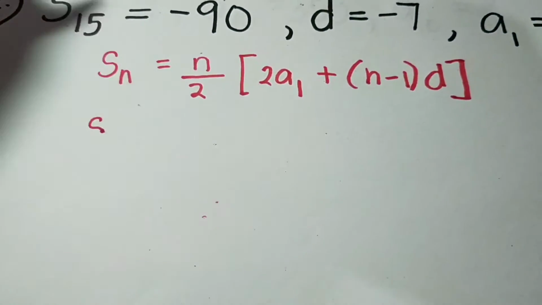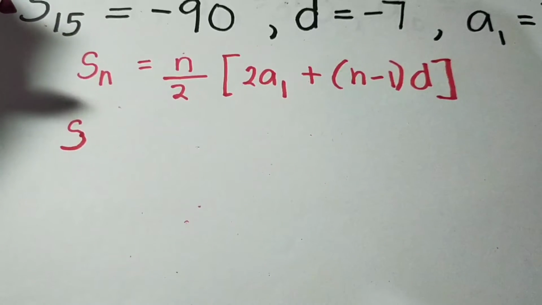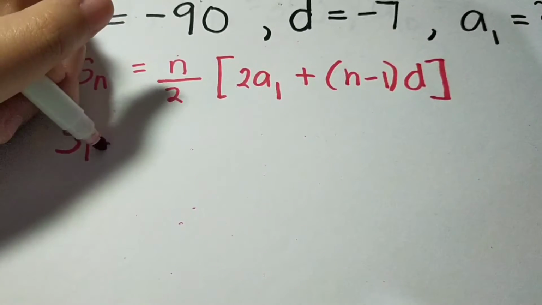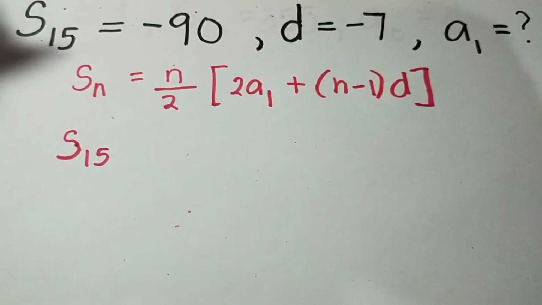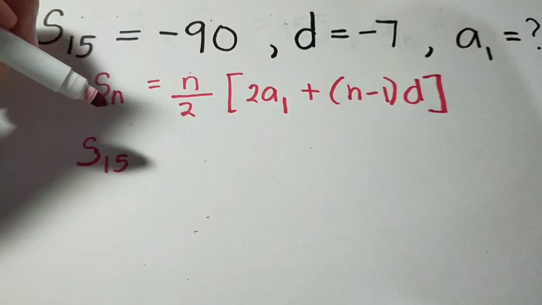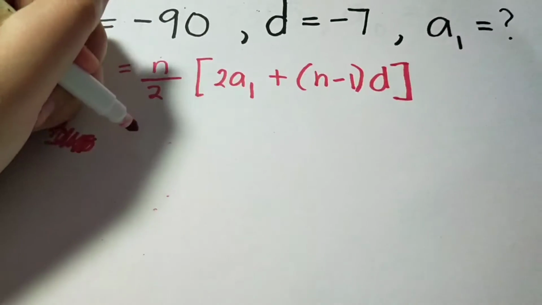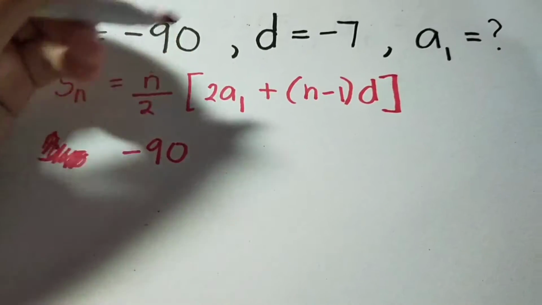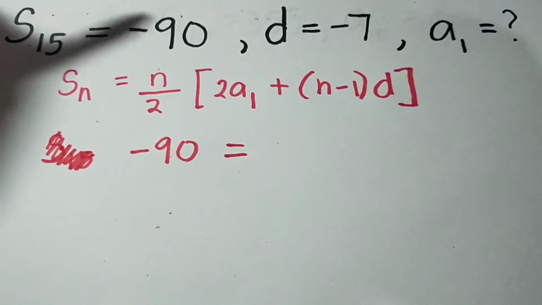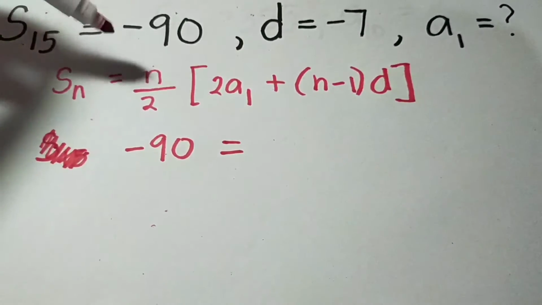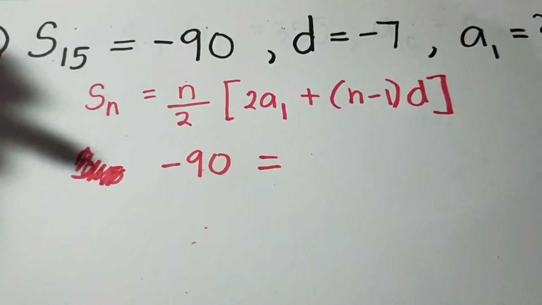So, yung S sub n natin ay S sub 15. Pero alam na natin na yung S sub 15 natin ay negative 90. So, negative 90 is equals to, ano ang ating n? So, yung n natin ay 15.